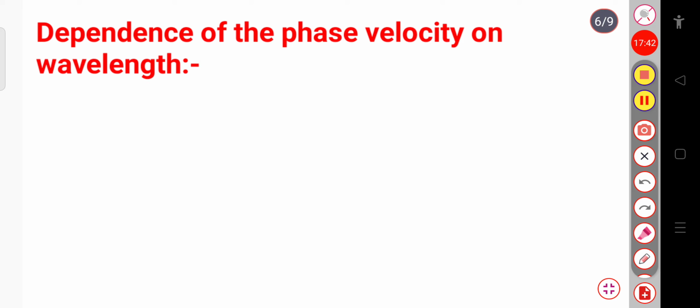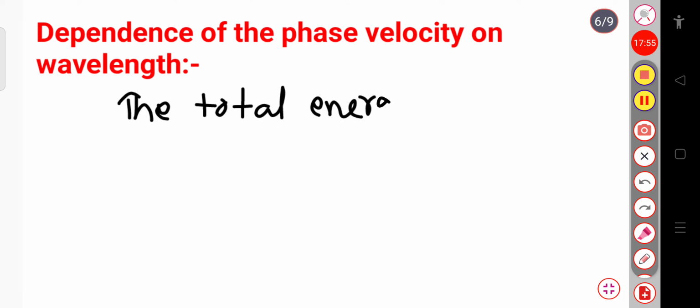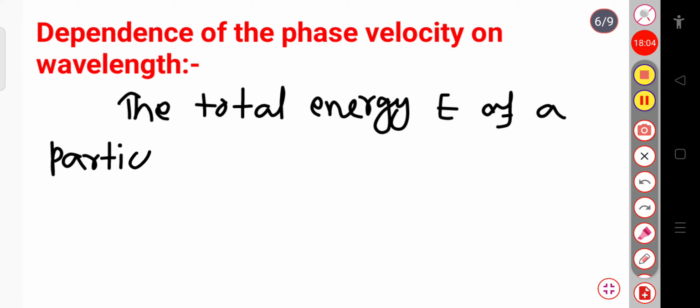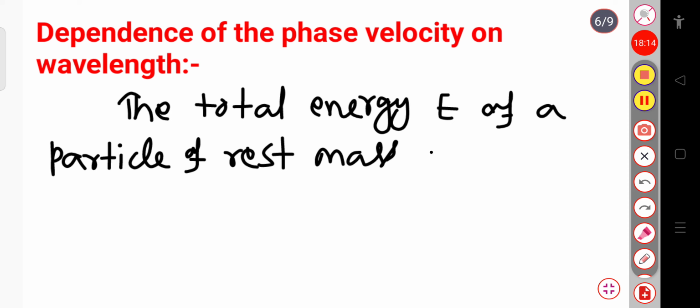Suppose the total energy E of a particle of rest mass m naught, and the momentum is P.